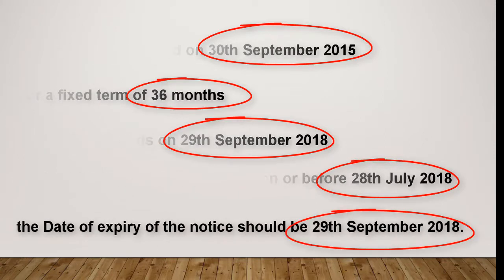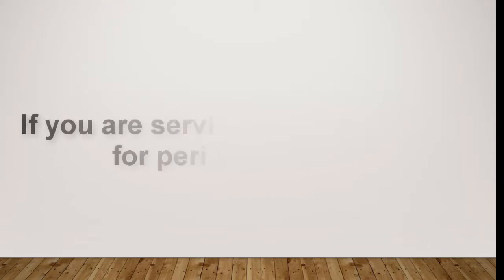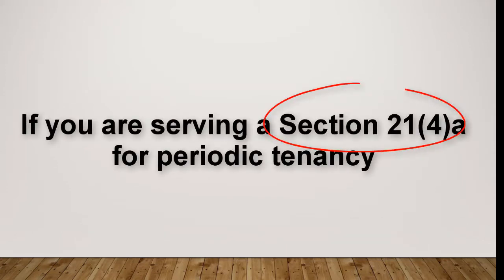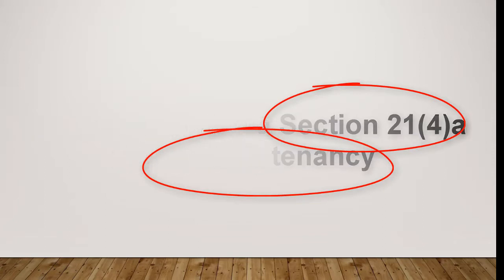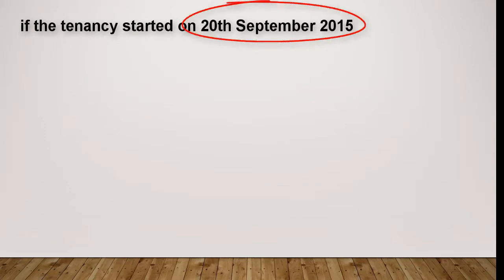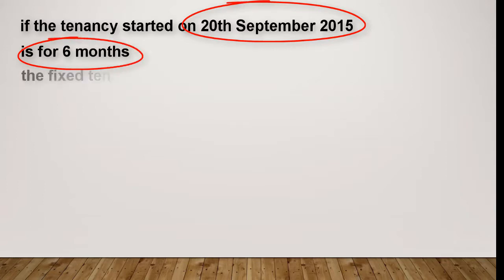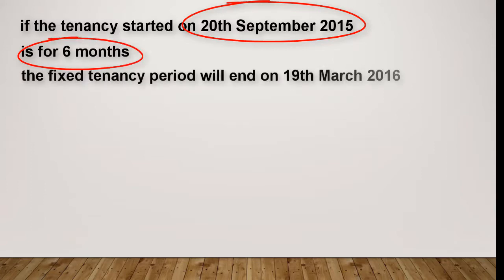If you are serving a Section 21 4A for a periodic tenancy, tenants should receive at least 2 months notice. So for example, if the tenancy started on 20th of September 2015 and is for 6 months, the fixed tenancy period will end on 19th of March 2016.